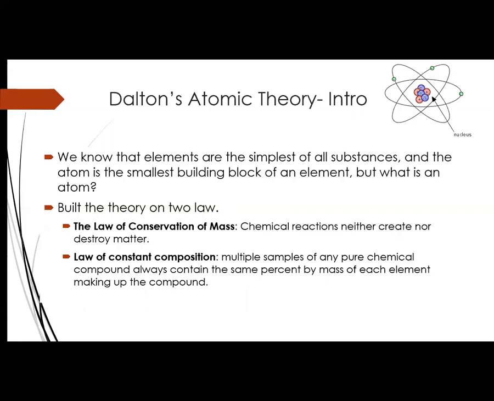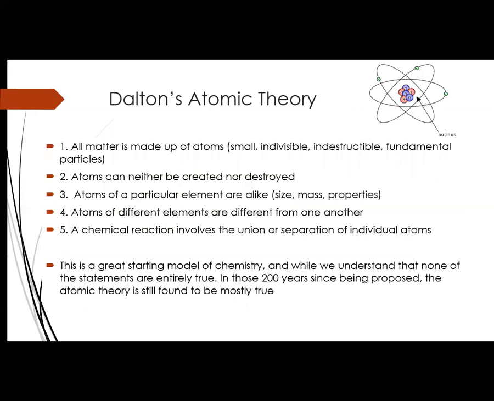So we know that elements are the simplest of all of our substances. And we know that the smallest amount of an element is an atom. And so Dalton took those two things, combined them with the law of conservation of mass and the law of constant composition, and he came up with these 5 basic principles.